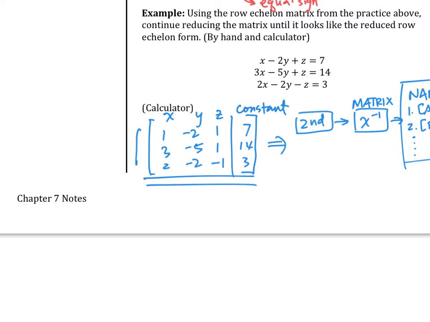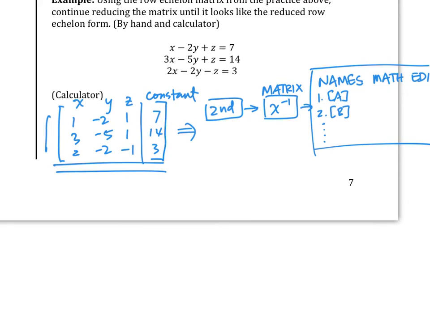And then now you want to calculate the answer, so the RREF version. First, you need to exit out of the screen. This is a little bit confusing for a lot of people because they didn't realize that they actually had to exit out.